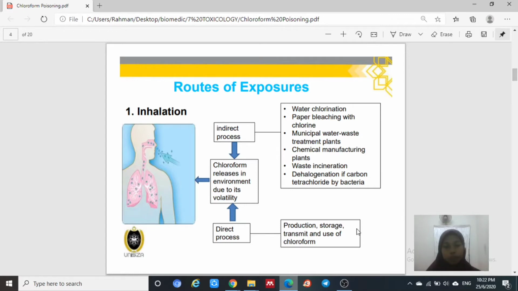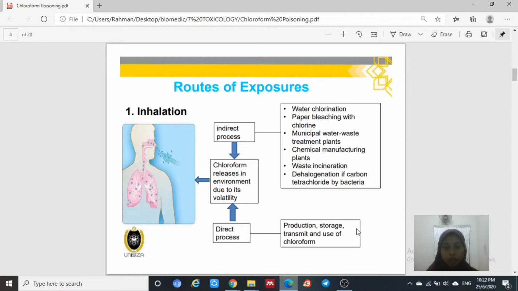Okay, the indirect process is a process of releasing chloroform from the reaction of chlorine with other organic compounds. So, the indirect process usually occurs in activities such as water chlorination, paper bleaching with chlorine, municipal wastewater treatment plants, chemical manufacturing plants, waste incineration, and also the halogenation of carbon tetrachloride by the bacteria in the soil.